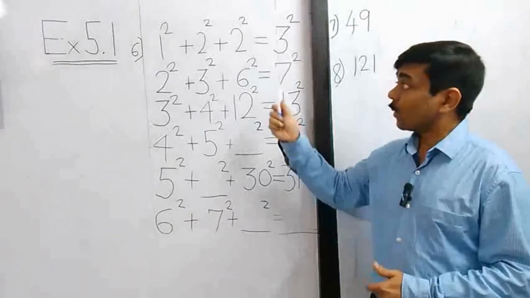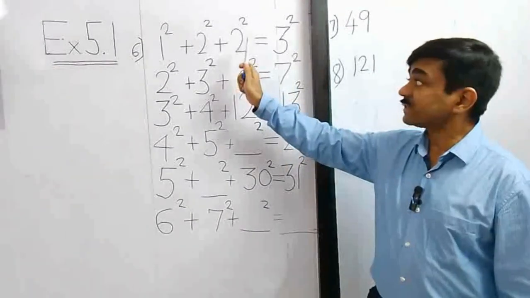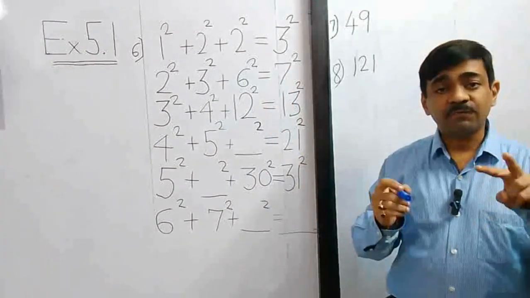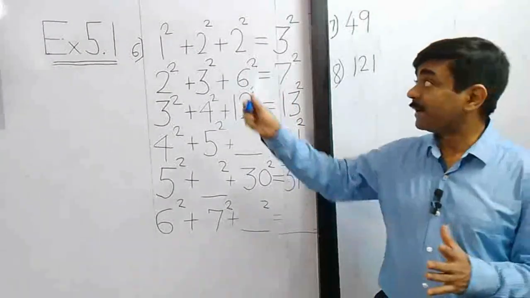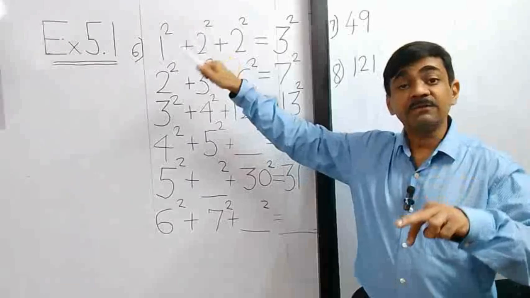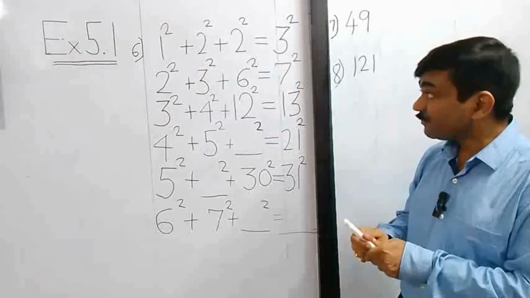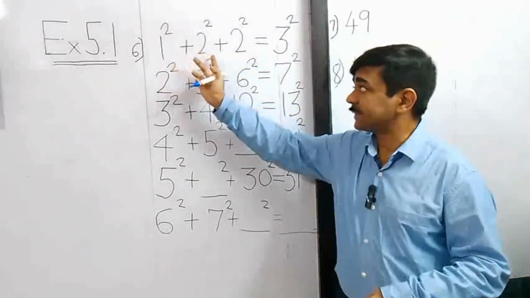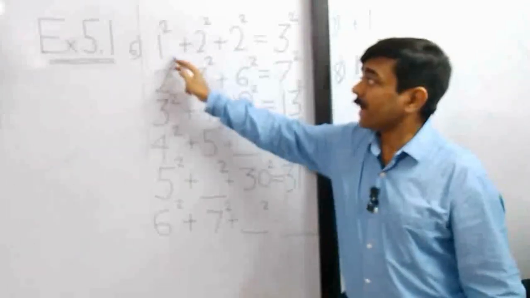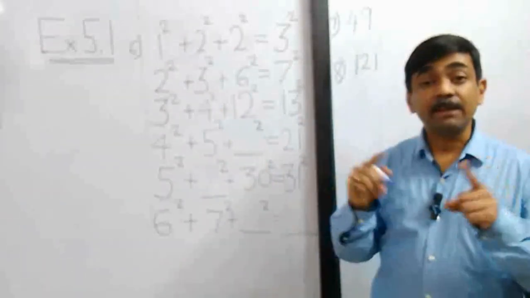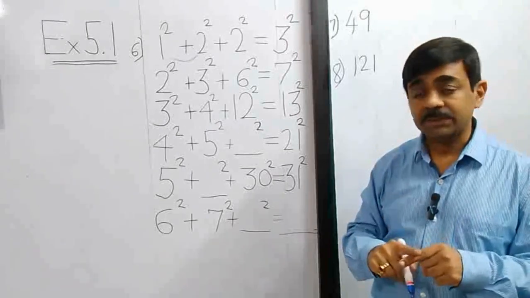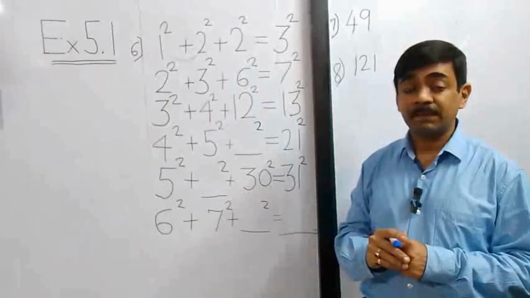Let us observe the third digit and try to find a relation between the third digit and the first and second. You will see that 1 and 2, when multiplied with each other, give the third number.